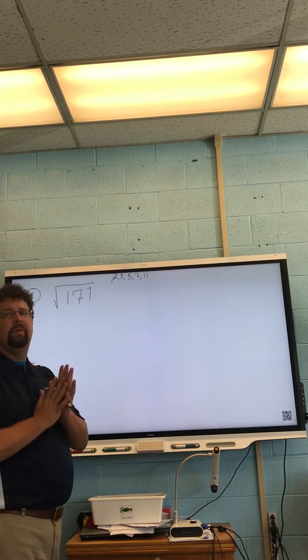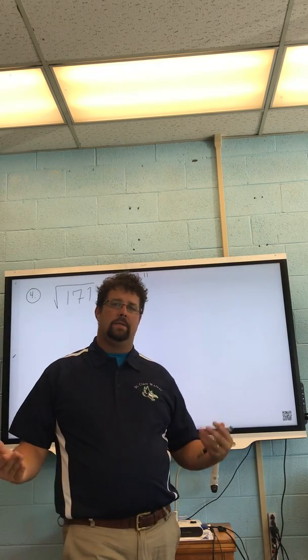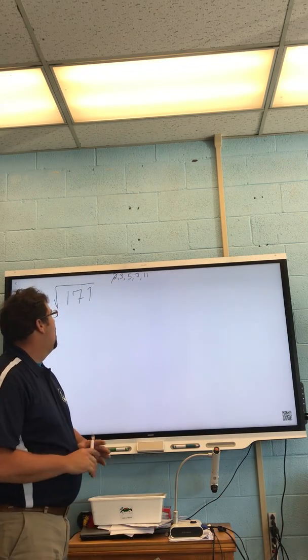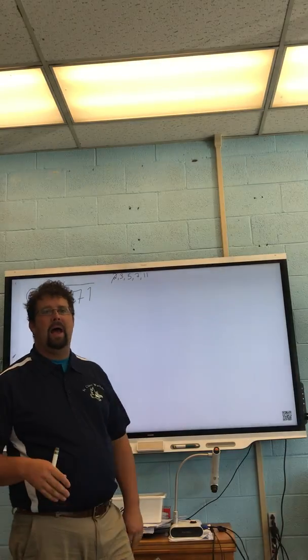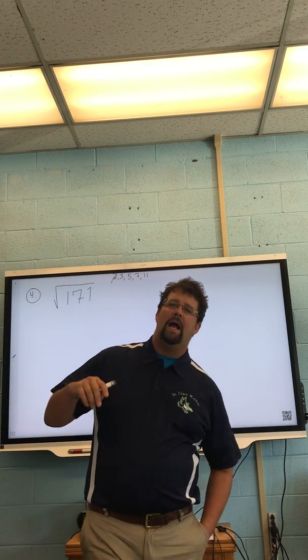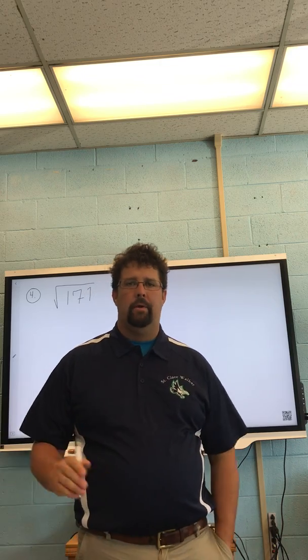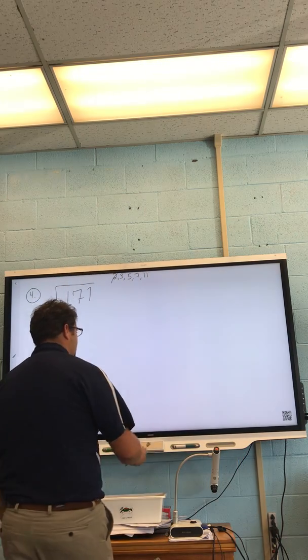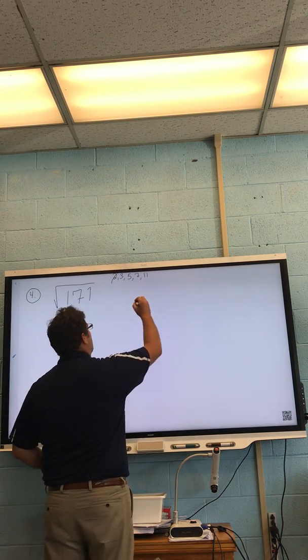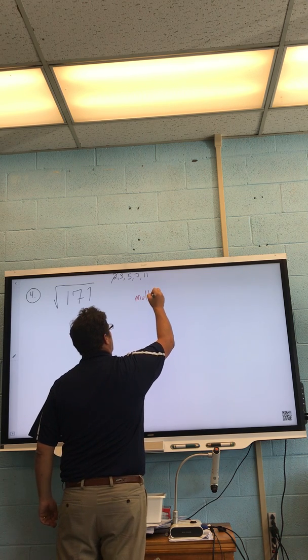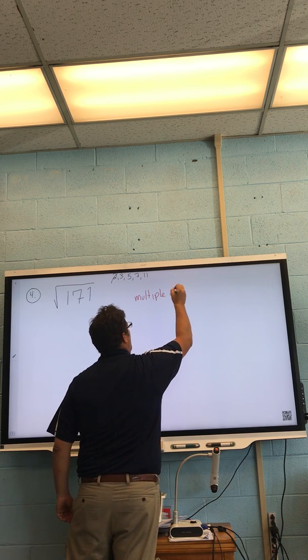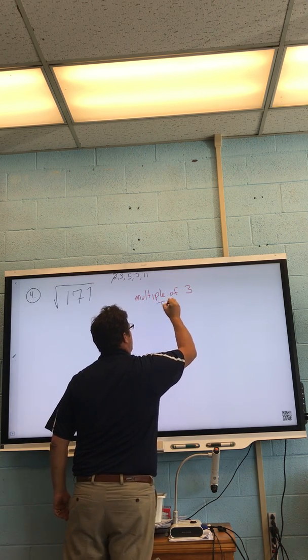How do I know if something's a multiple of 3, you ask? Well, all multiples of 3 have a trick to them. And that is if you add their digits, they also are a multiple of 3. So let me give you some examples. So, multiples of 3 trick.